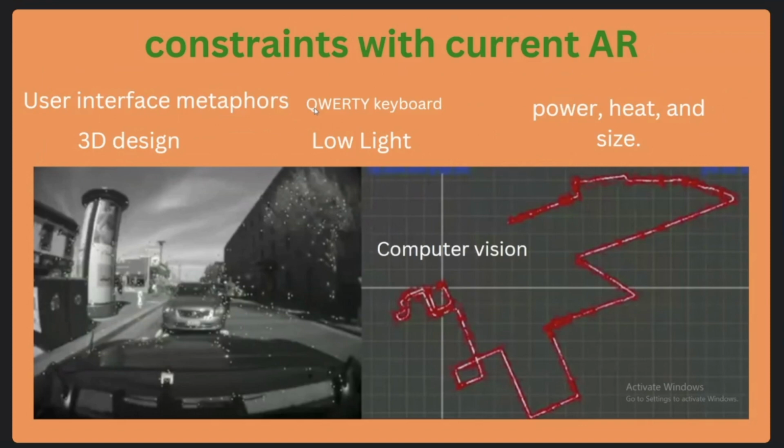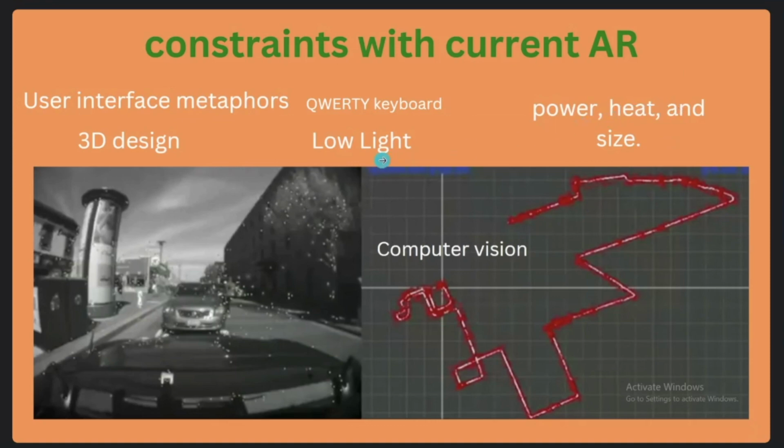The other is power, heat, and size. Smartphones and other AR enabled devices gather a lot of information at the same time, like camera, accelerometer, gyroscope, and other things. So they need real time processing at a high level. That creates a lot of power use and heat, and that is one of the constraints.